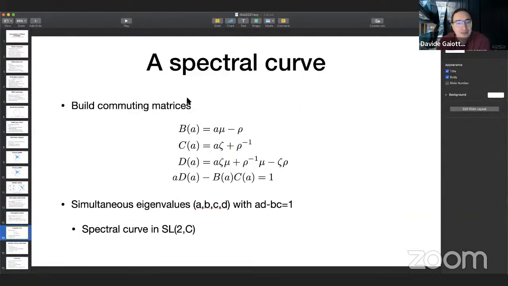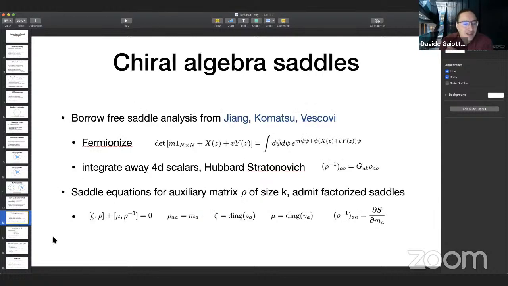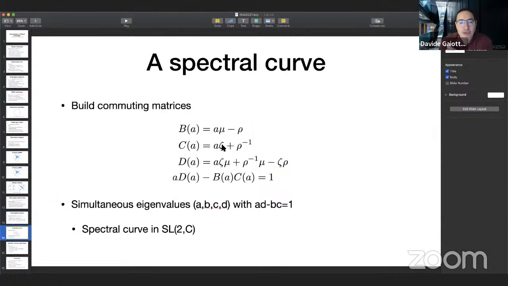We observed that if you build matrices B and C, depending on a spectral parameter A, of the form A mu minus rho and A zeta plus rho inverse, then the saddle equations become equivalent to the statement that B and C commute.